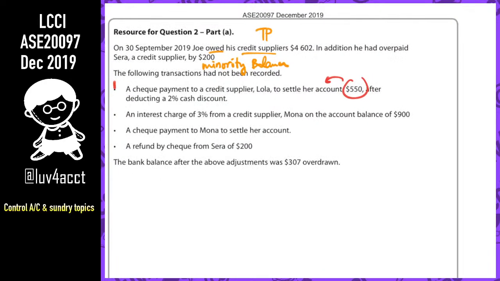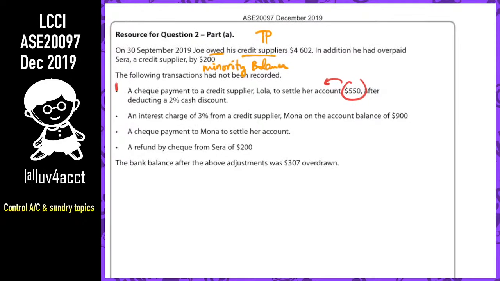So if we are going to settle an account of 550 with a 2% discount, 550 multiplied by 2%, we will have a discount received of 11 and the payment would be 539 only.